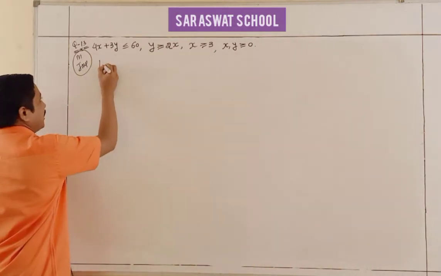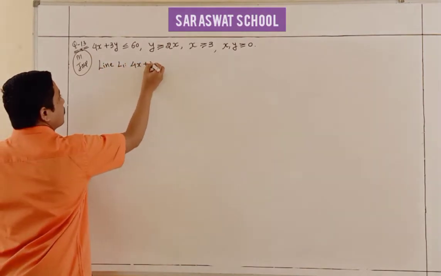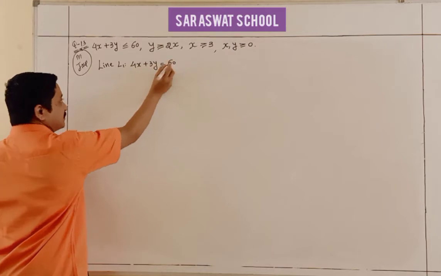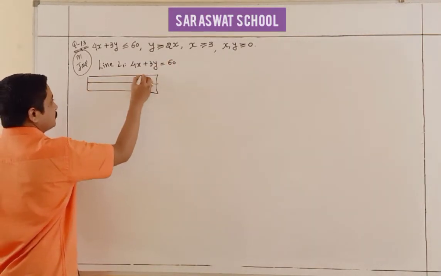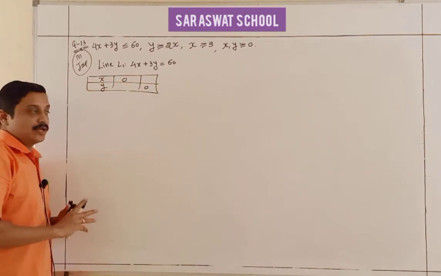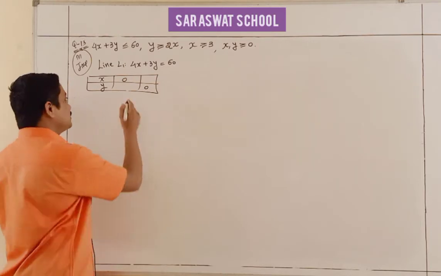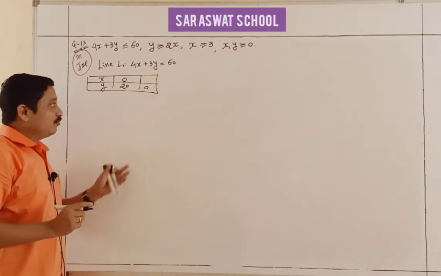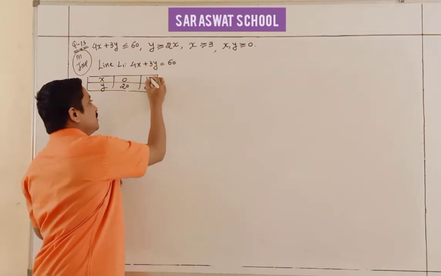For the line L1, 4x plus 3y is equal to 60. To make the table, we take x = 0 and y = 0. Putting x = 0, y is 60 by 3, which means 20. And if y = 0, putting 60 by 4, which is 15 for x.